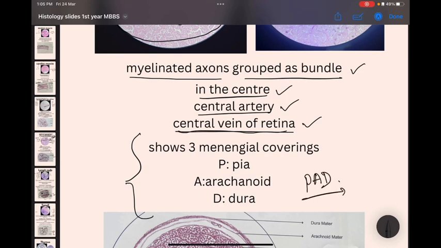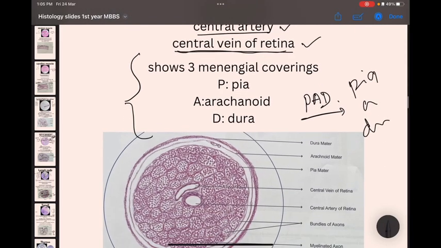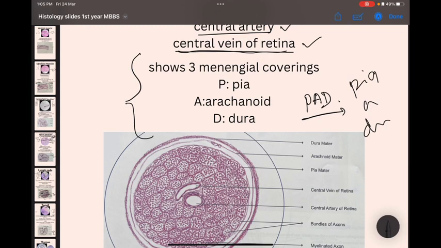From inner to outer: pia mater, arachnoid mater, and dura mater. So PAD from inner to outer: pia, arachnoid, and dura.